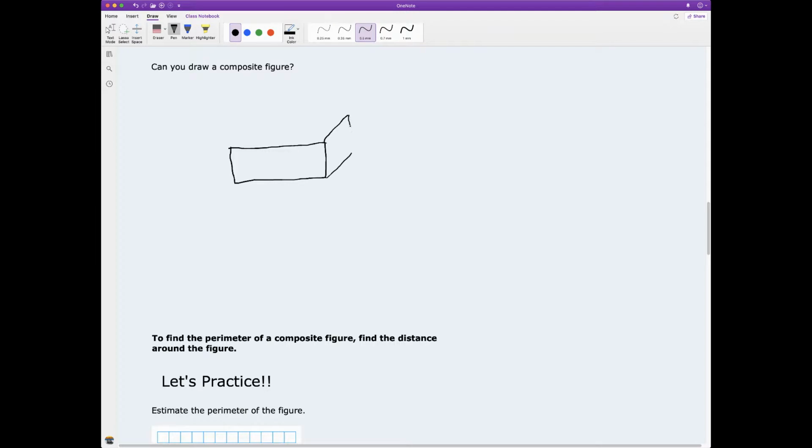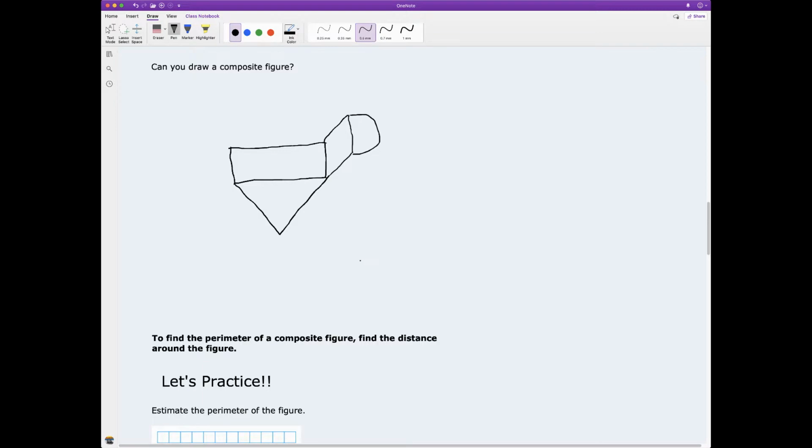Let me put one of these things, which we learned about already. This is called a parallelogram, or maybe if the sides are the same length, that could be a rhombus. Let me put a triangle down here, and maybe a semicircle on here.